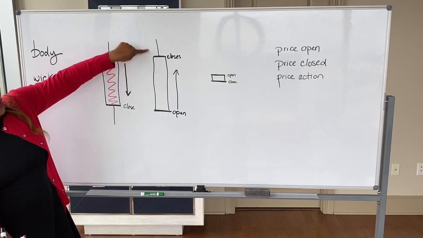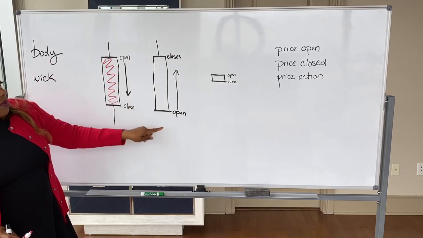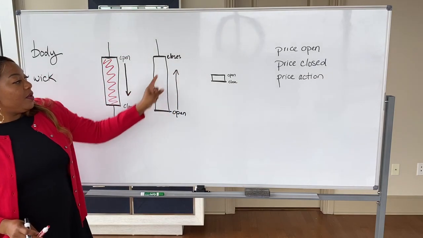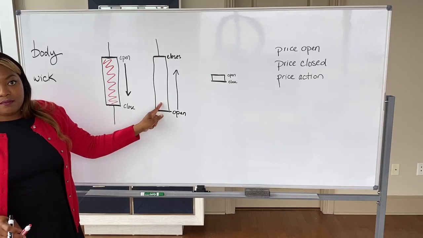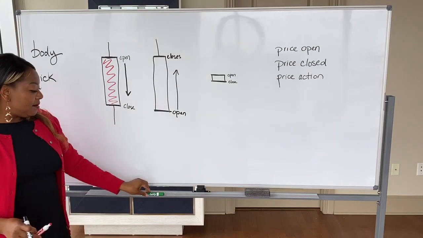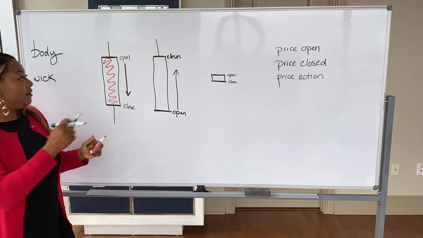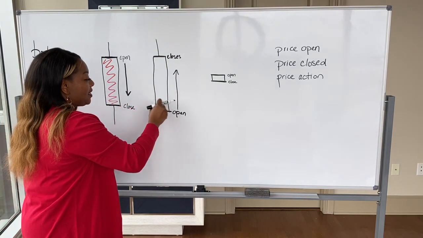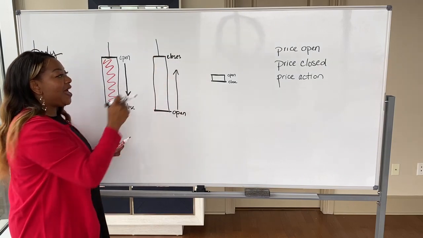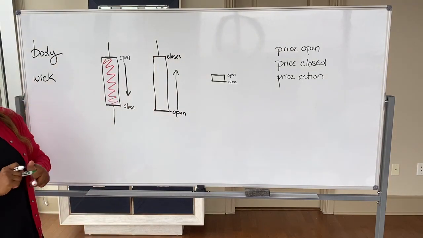The candle might look something like this. But because the stock price went up, this would be a green candle. All right? And unfortunately, my little green candle is not working right now, so it doesn't really show much, but just imagine that would be a green candle, okay?